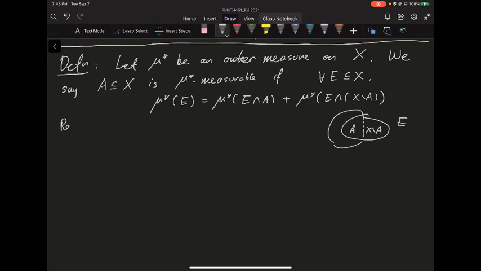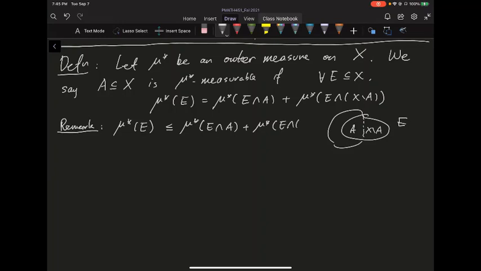And I just want to remark one thing. Because outer measures satisfy subadditivity, you always know that mu star of E is less than or equal to the right-hand side, because the union of the two things on the right will give you E back.